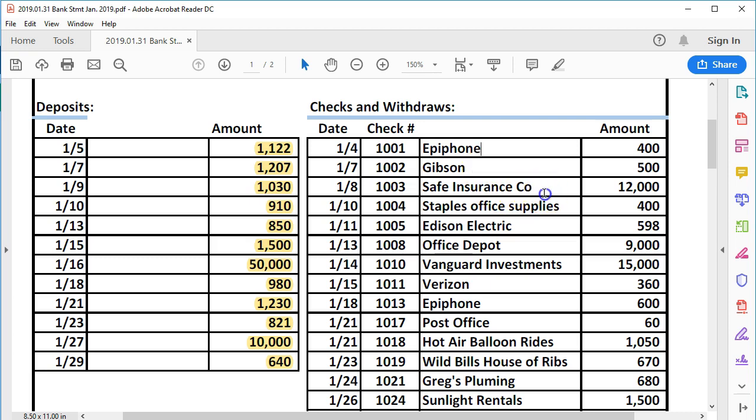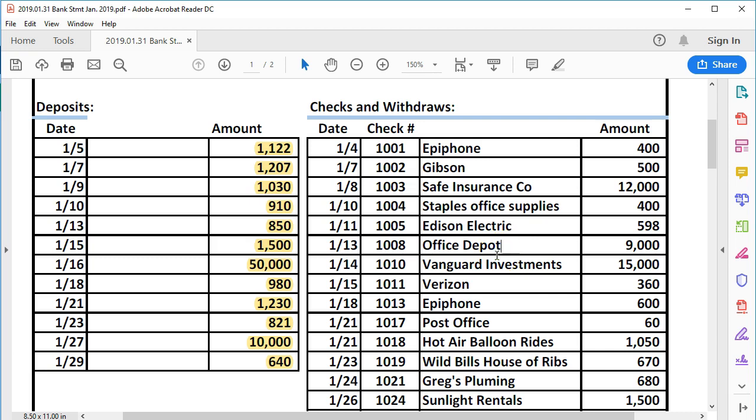Gibson, same thing. Safe Insurance Company looks like some type of insurance expense that we'll have to determine. Staples looks like some type of supplies. So when we have that, we'll enter the supplies possibly. It's a big dollar amount though on this one, or this is insurance. So we have the Edison, that sounds like the phone or the electric company. So we can figure out some kind of electric expense or something like that, or utilities.